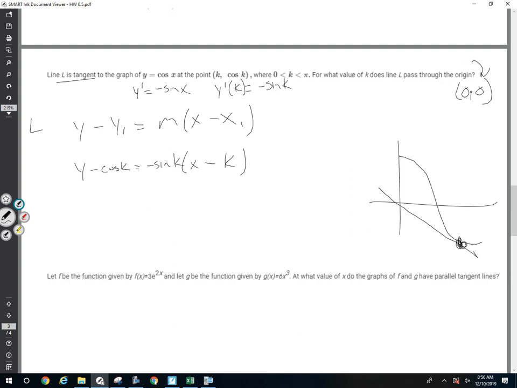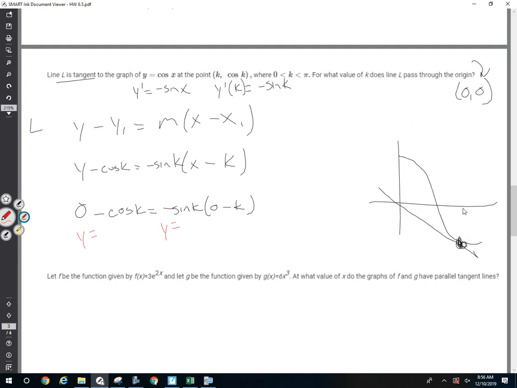Okay, origin, 0, 0. So I can plug in 0, 0 and solve this equation. Now, how do you solve any equation using your calculator? You can graph y equals the left side, y equals the right side.